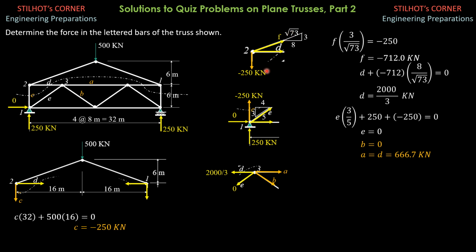Summation of forces y equals 0. Vertical component of F is F times 3 over square root of 73 equals downward force negative 250. Solving for F is negative 712 kilonewtons.